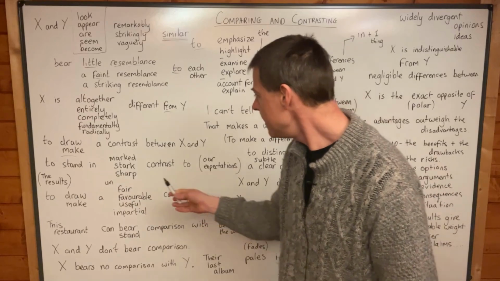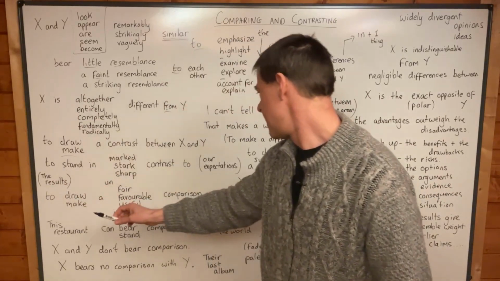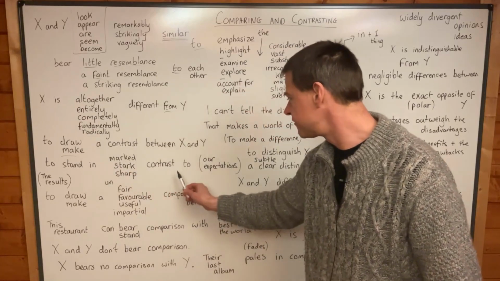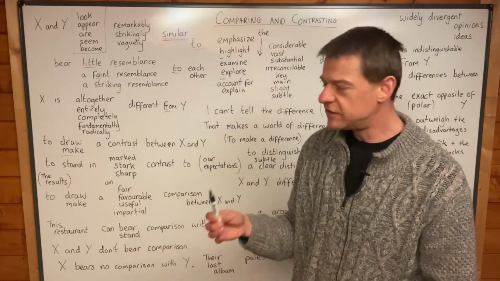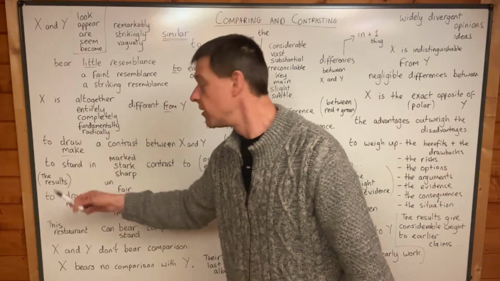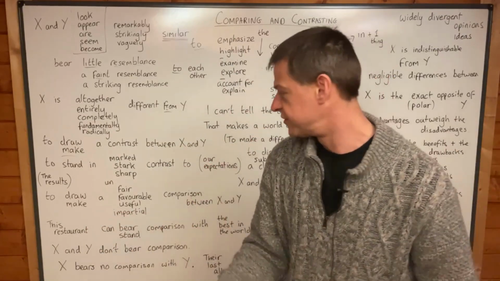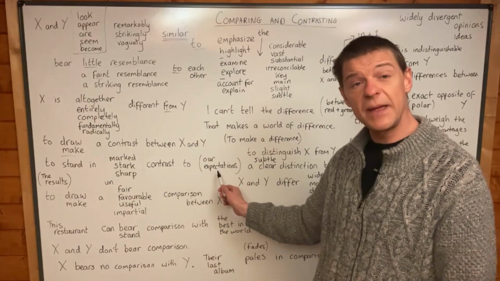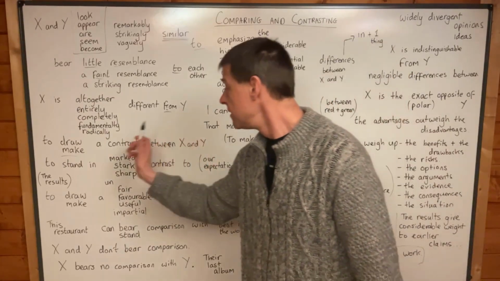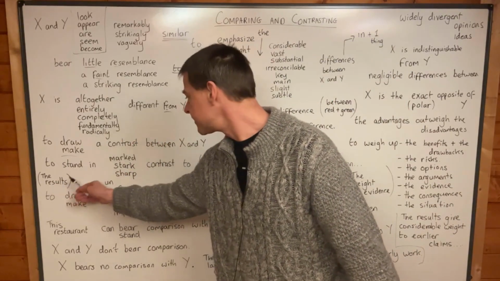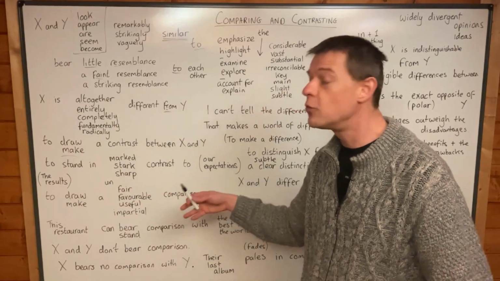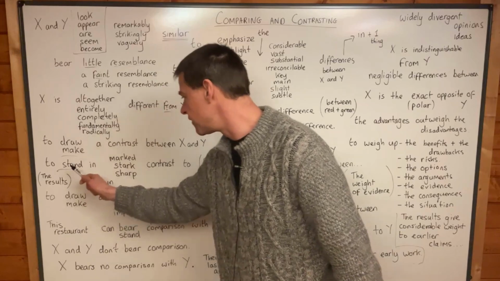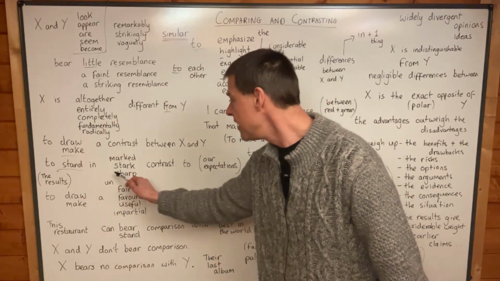You can say that X stands in marked contrast to Y. For example, the results of this poll, of this survey, stand in marked contrast to our expectations. So what actually happened stands in marked contrast to what we expected to happen. And so you can certainly use this verb, stand in marked contrast.